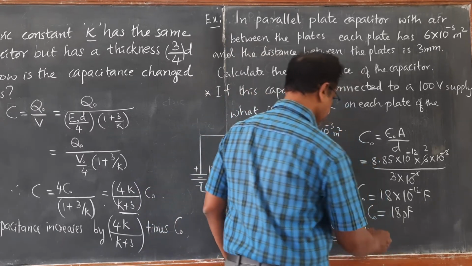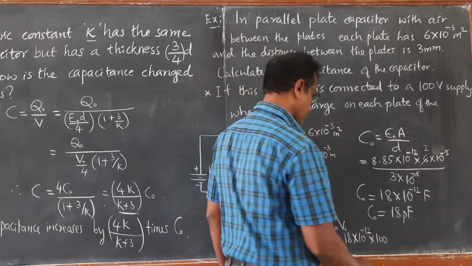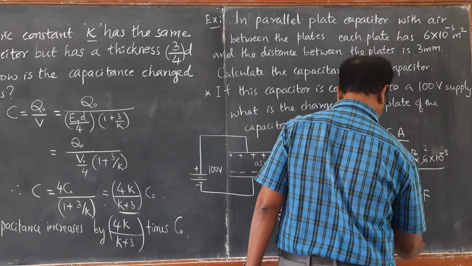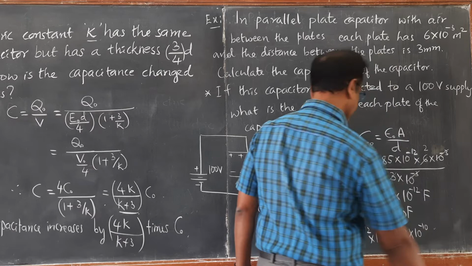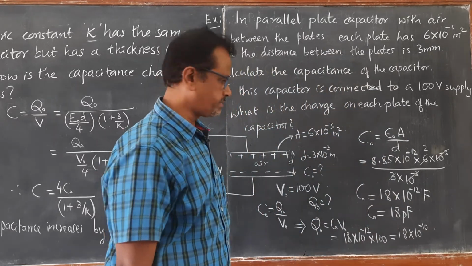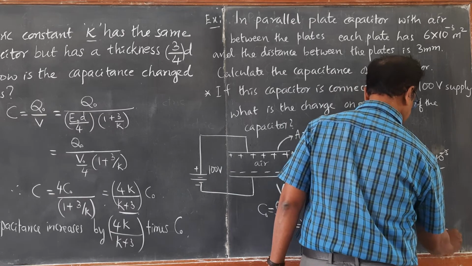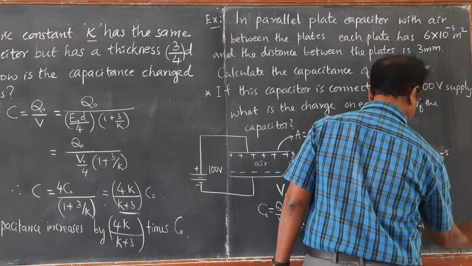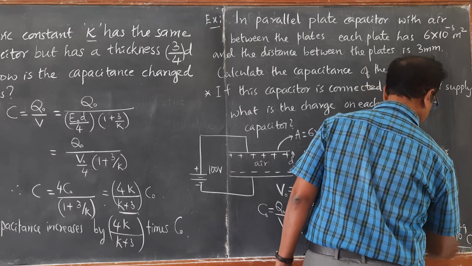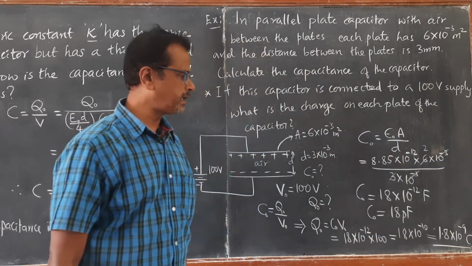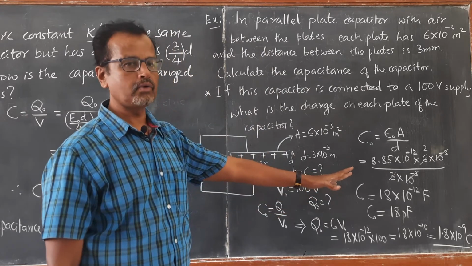So you get 1800 into 10 raised to minus 12, which can be written as 18 into 10 raised to minus 10, or 1.8 into 10 raised to minus 9 coulomb. That is 1.8 nano coulomb.